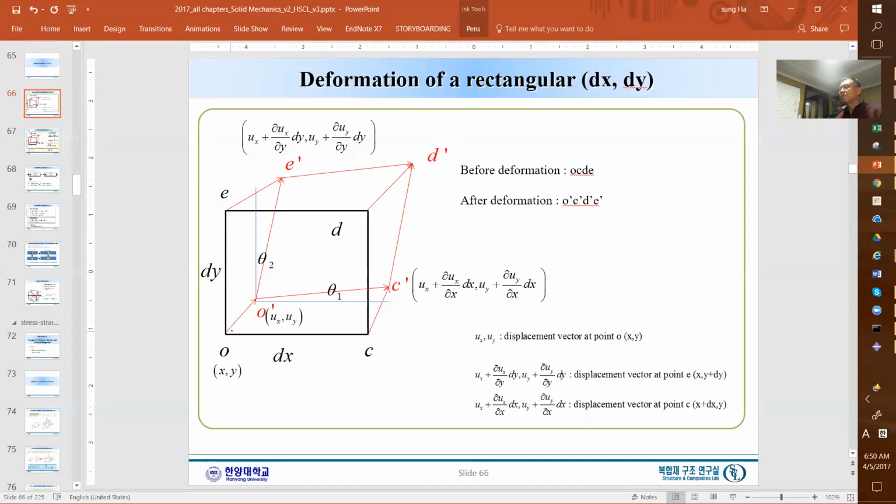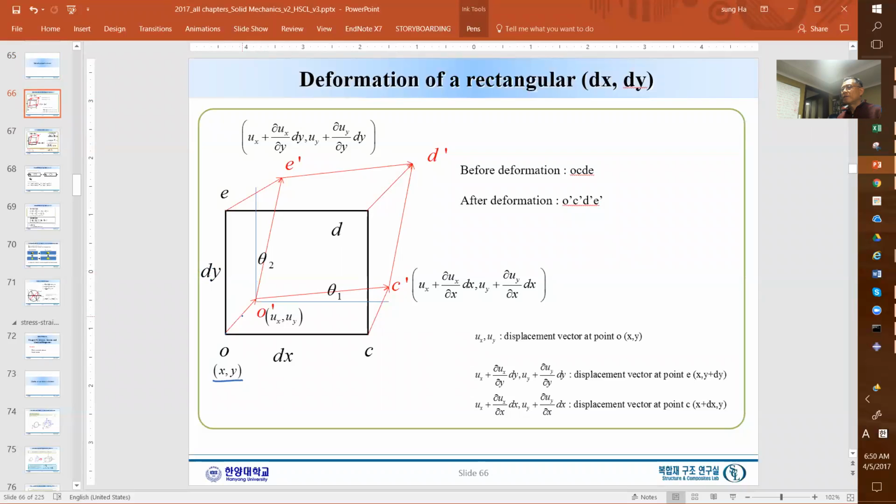Okay, let's consider a rectangle with corners O, C, D, E. The coordinate of point O is (x, y), and the length in the x direction is a very small length dx, and in the y direction a small length dy.